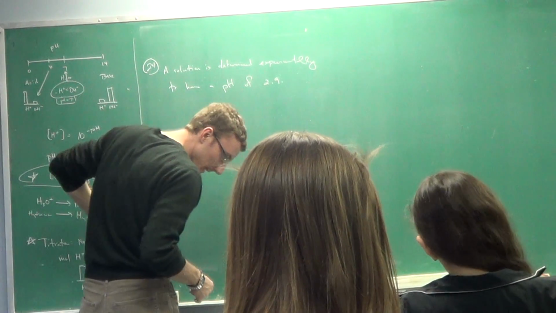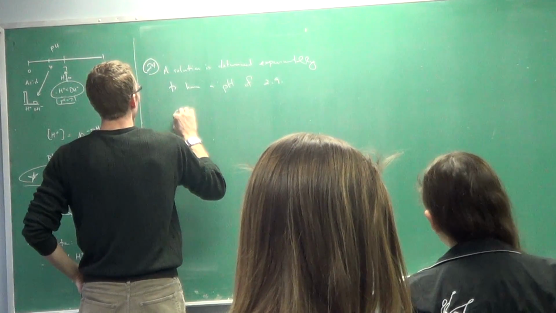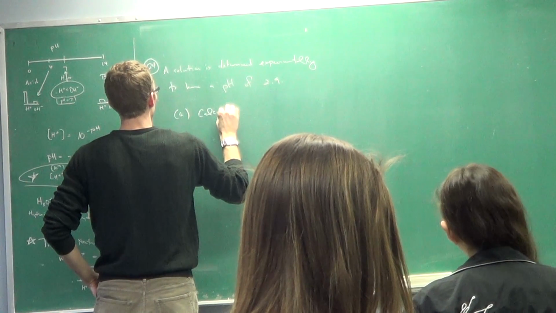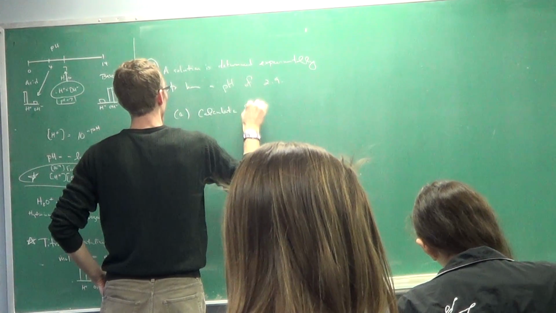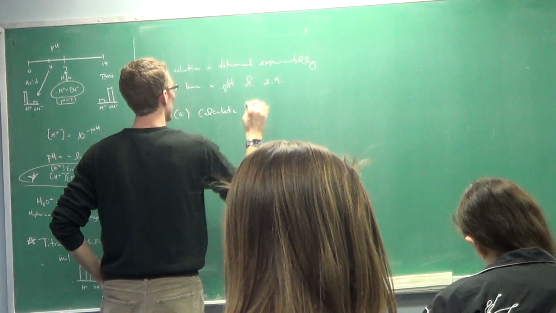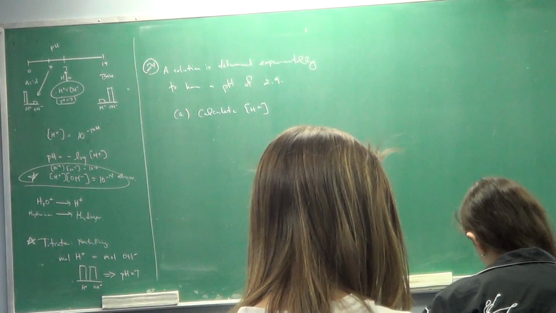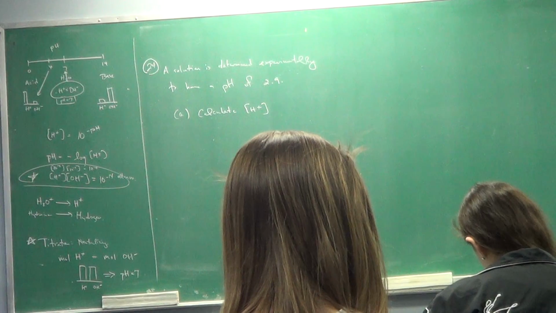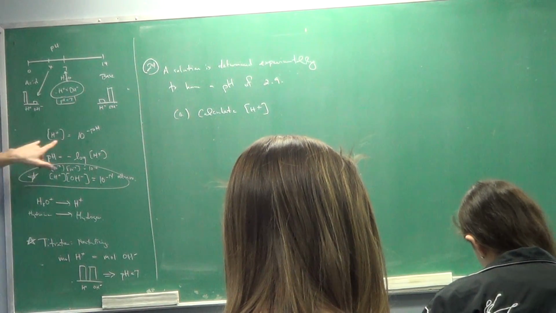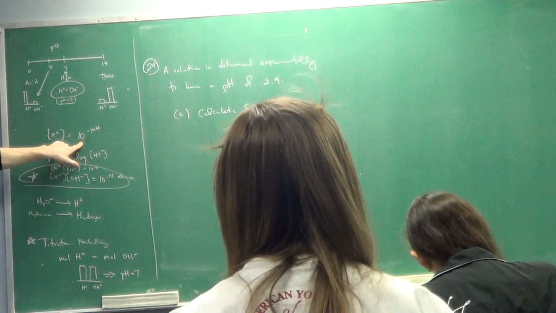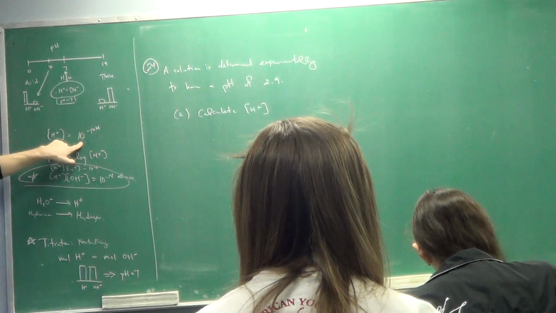So the question in part A is calculate the hydroxide ion concentration. They use a hydronium ion, but we know how to replace. Now, if you know the pH and you want to know the hydrogen ion concentration, that's your formula right there.